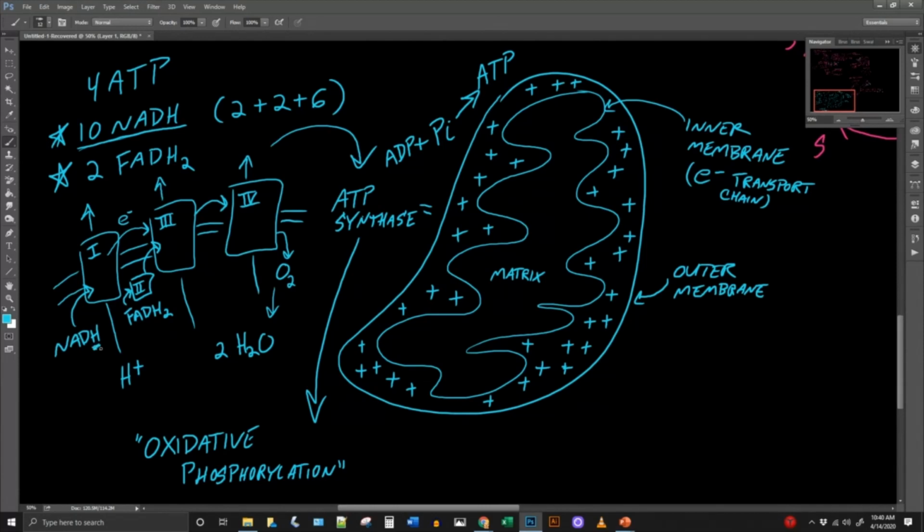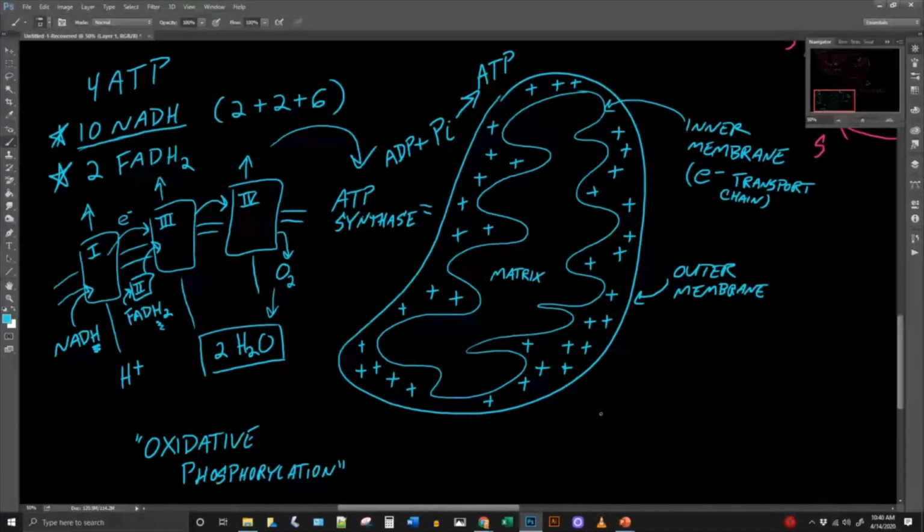Because remember, that H on the end is a hydrogen. Those high energy electrons are riding on hydrogens, and reduction reactions in biology usually involve not only the transfer of an electron, but also the transfer of a hydrogen. So you end up making water as a byproduct here.